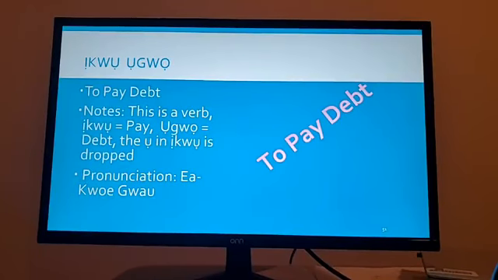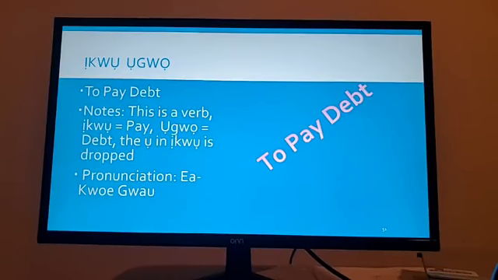To pay a debt would be the following. And you have to drop what looks like a U with a dot underneath, a diacritic, in the first word. And you push them all together. So to pay a debt would be Kwoe Gwau.